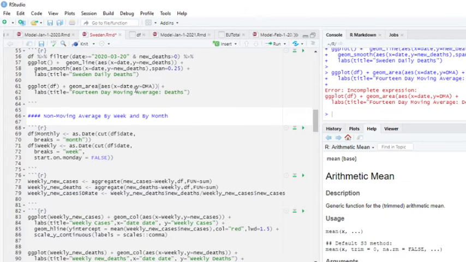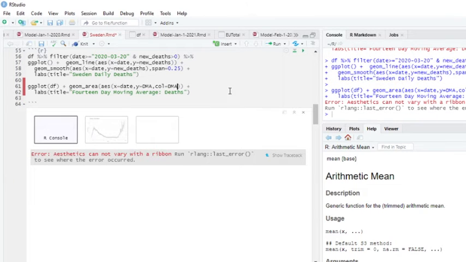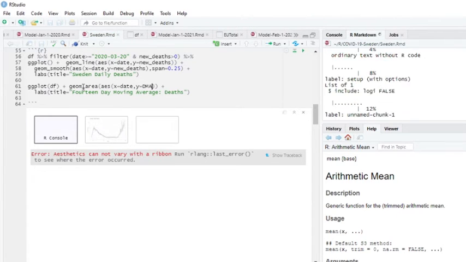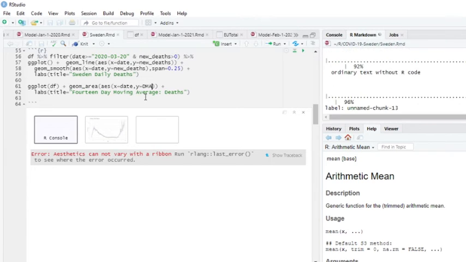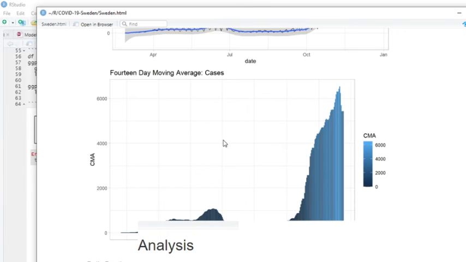So let's try it again. Not sure why that's not working. So let's get rid of it. Now let's run it from the top one more time. Okay.